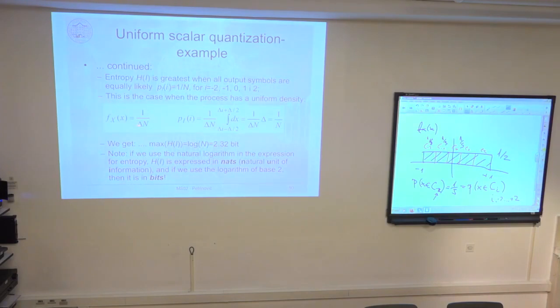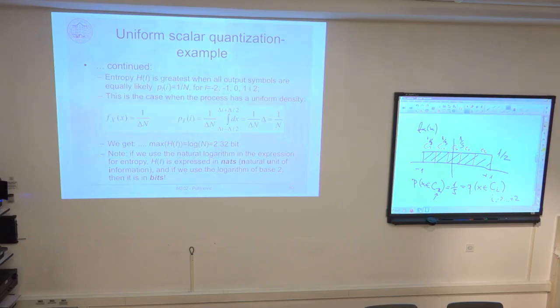In our case, this n is chosen as 5, and the step size is 0.4. So this is 0.4 times 5, that's 1/2. So the density is 1/2, and if we integrate this 1/2 in the range, for example, -0.2 to +0.2, we will get the probability of 1/5 for the interval 0, but it is the same for all other intervals, -2, -1, 1, and 2. And so we get the entropy of 2.32, what is expected.